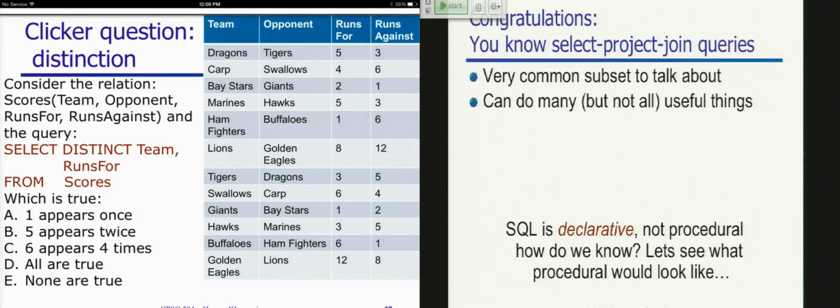Okay, so congratulations. You know the very common subset of SQL commands or operators. And there's something we can do with that. Not much. We're going to do a lot more on SQL. But SQL is declarative rather than procedural. And how do we know it's declarative?